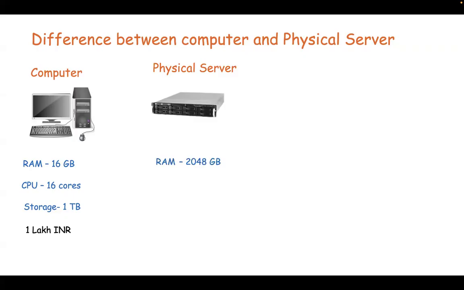You will get a maximum RAM of 2048 GB, whereas for a computer, how much maximum RAM? Only 16 GB. But for a physical server, very high configuration, high RAM. CPU also very high, 496 CPU cores, but for a computer, maximum 16 CPU cores. Storage also, 64 terabytes. For a computer, maximum 1 terabyte only.